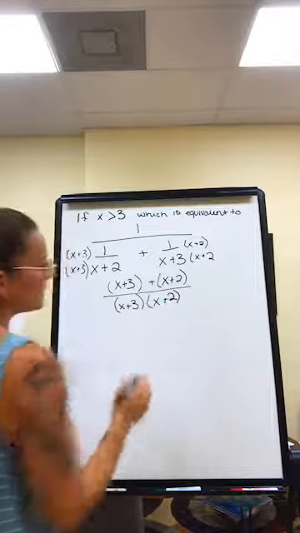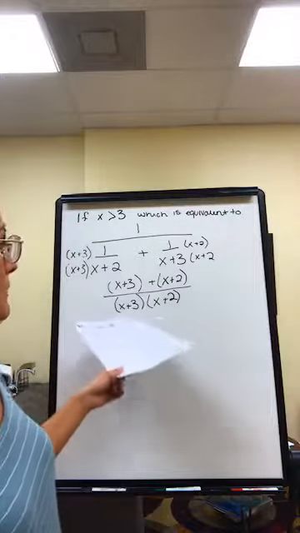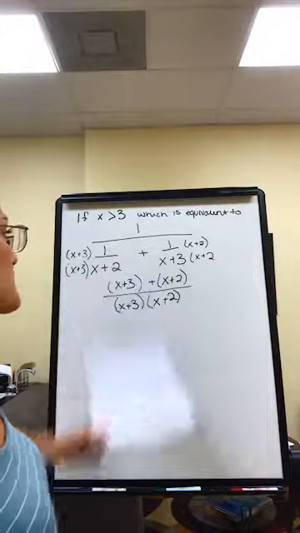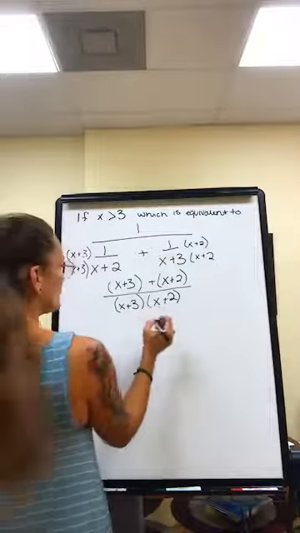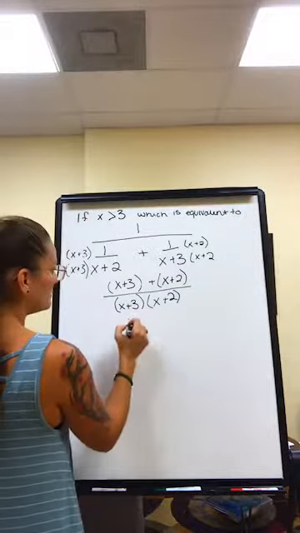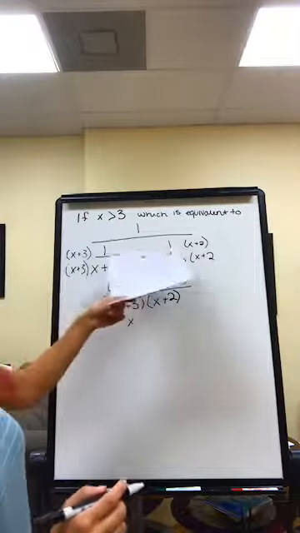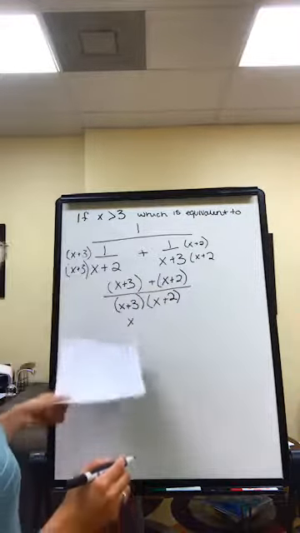Okay? I'm going to FOIL out the bottom, and I'm going to take off the parentheses from the top. On the top we're just ignoring this top right now. We're just dealing with the denominator. We'll go back to that original one on top, all right?